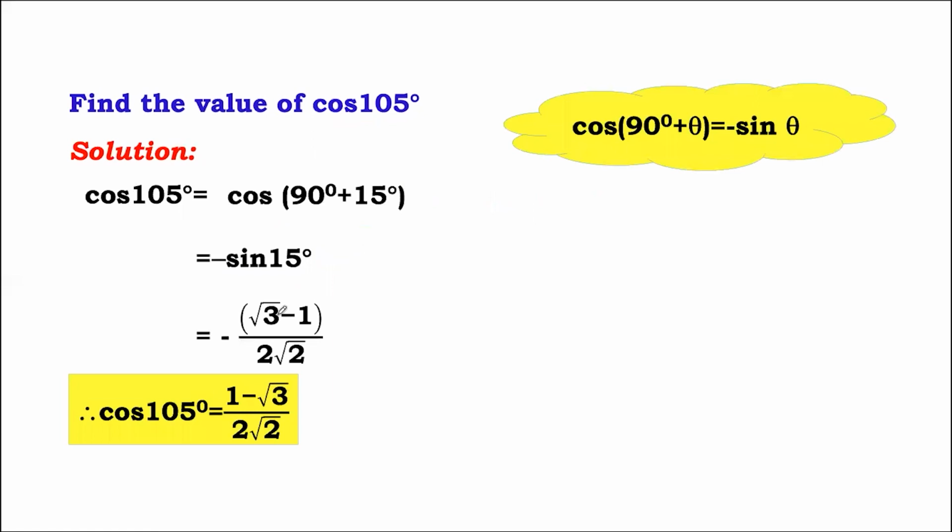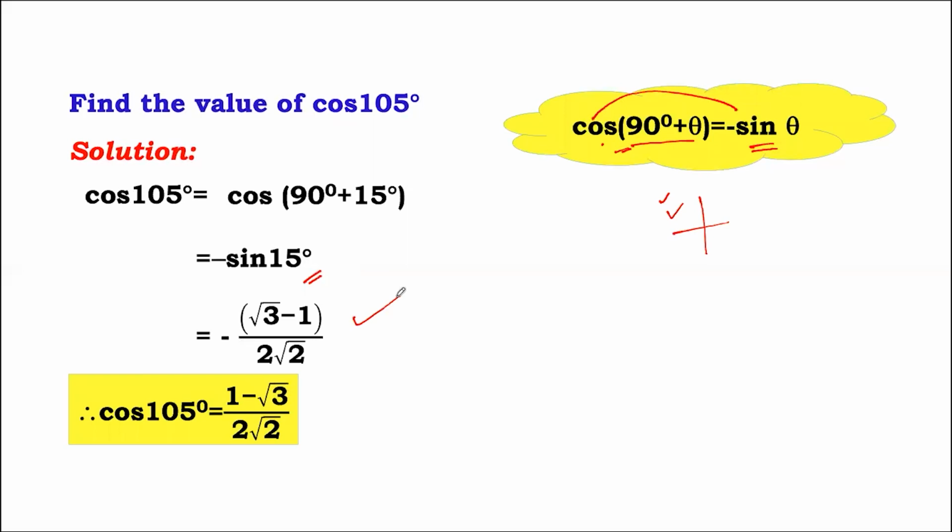As for cos 105 degree, we know that cos 90 plus theta is minus sine theta, since it is in the second quadrant, where cos is negative. With plus or minus 90, sine changes to cos, so this changes to cos 15 degree, and directly you get the value.